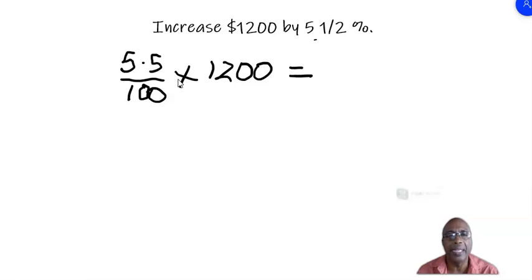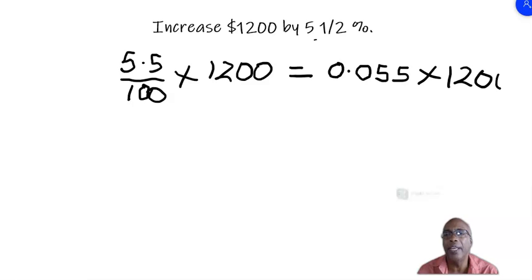And we are going to get, let's get our calculators. Well, sorry, let's first convert this by dividing by 100. Bring the point back 2 places, we get 0.055 by 1200.